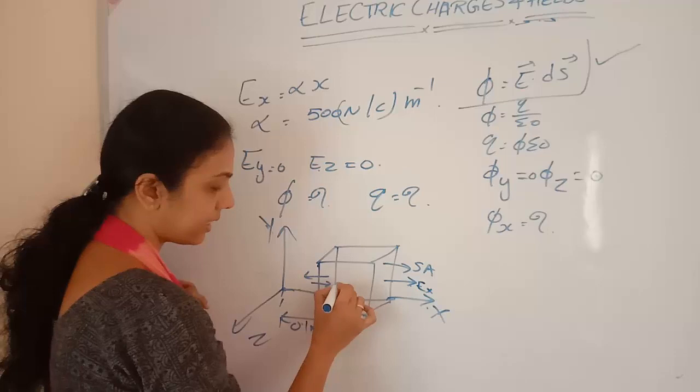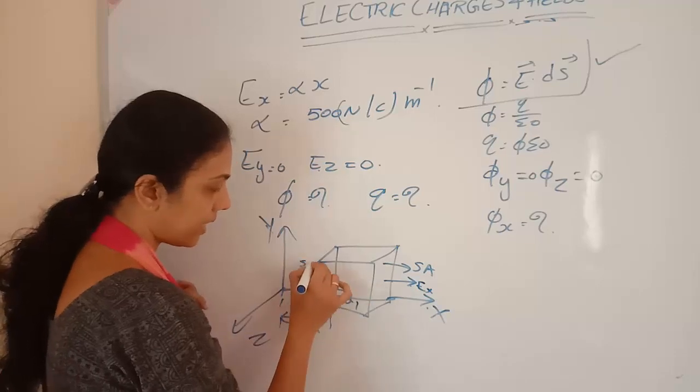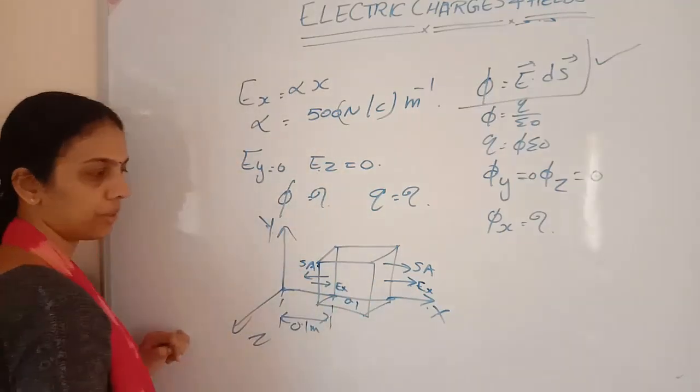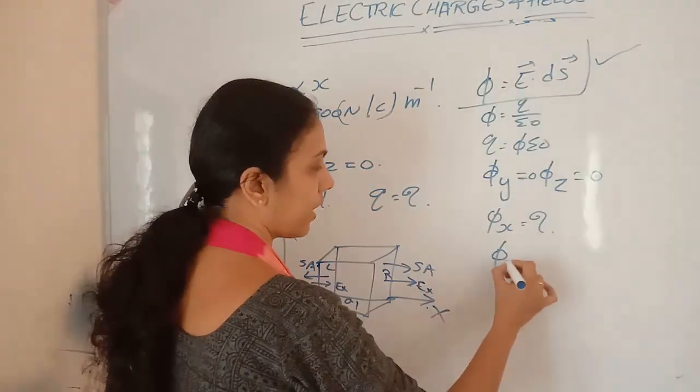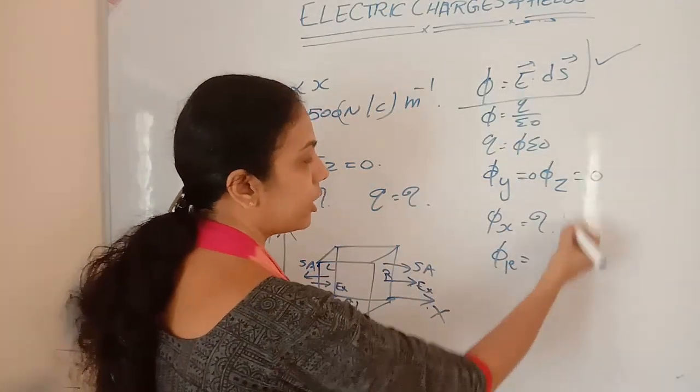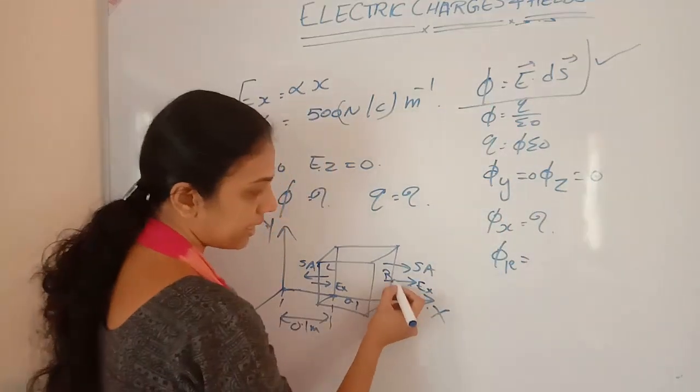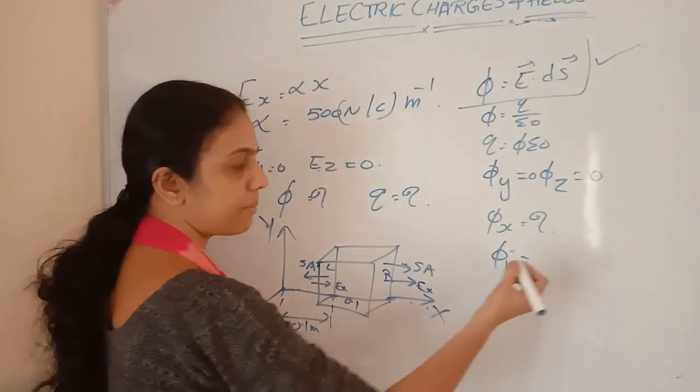Ex is acting in this direction and the surface area is acting in this direction. So we consider phi on the right side, E dot ds. On the right side E and S are acting in the same direction.